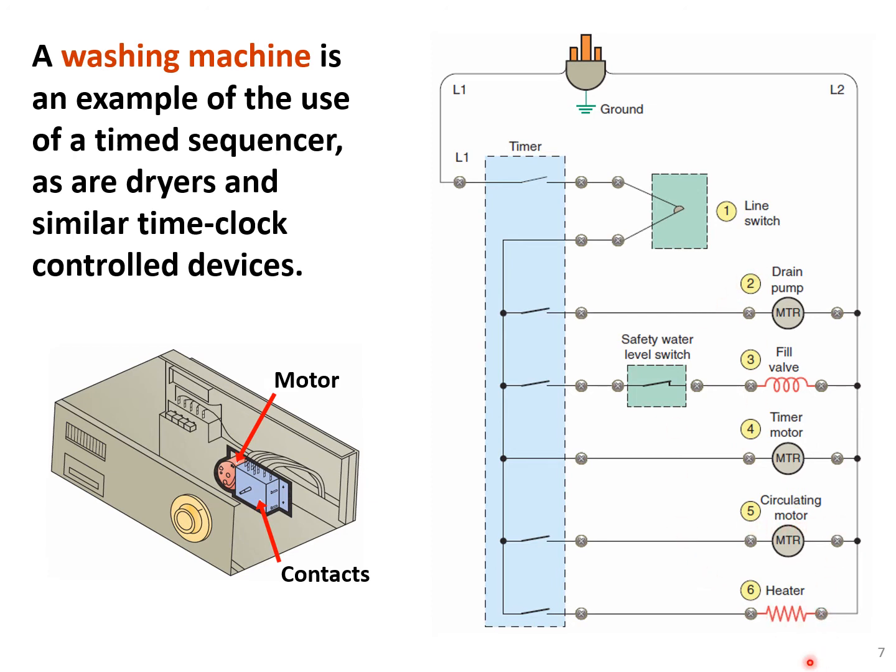And we need to go through this cycle of washing, yes? For going through the cycle, we need to choose a specific combination of these switches, and some of them should be on, the other ones should be off. So you see that on each step we have one specific combination, then it goes to the next stage. For example, it goes to, I don't know, circulating motor for drying, and we need another combination.